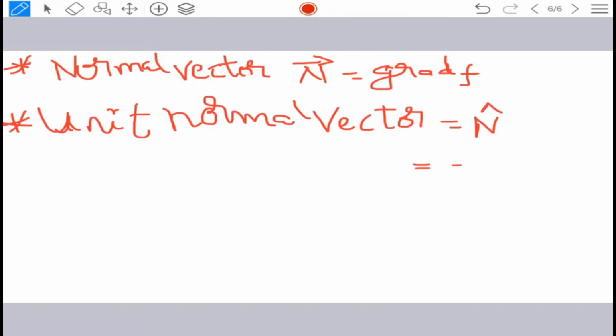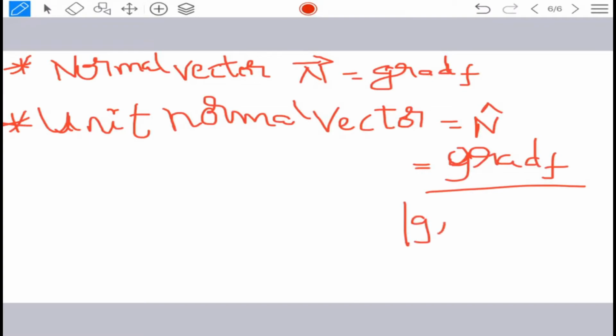Generally, a cap means a bar by magnitude of a. Here it is the same. The unit normal vector means grad f by magnitude of grad f. These are the formulas here.